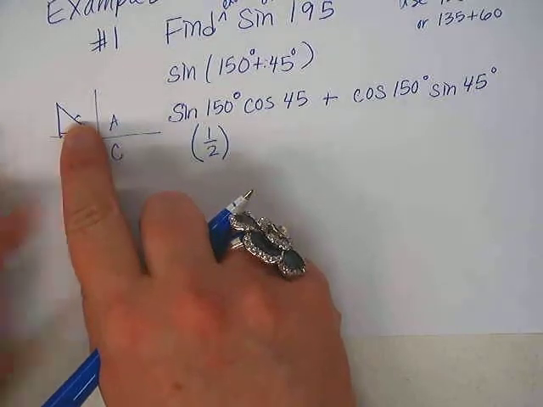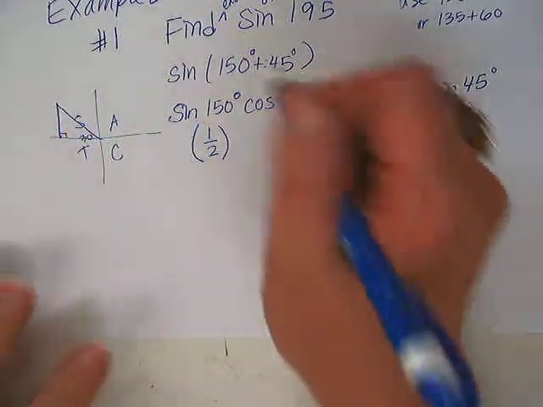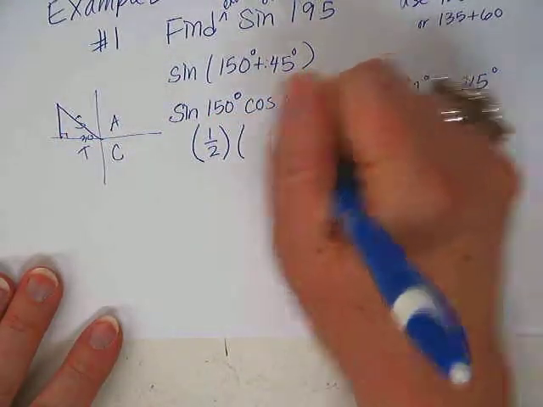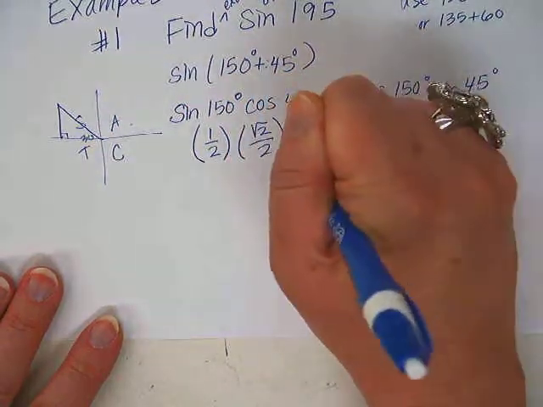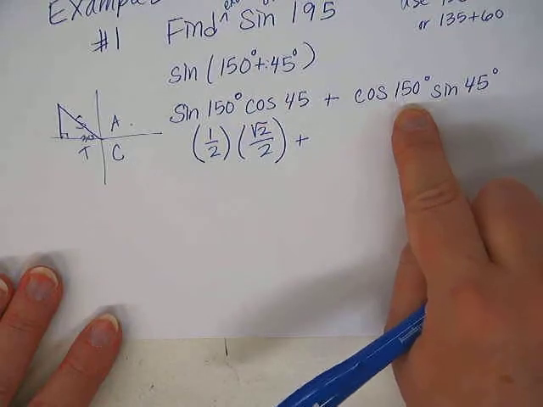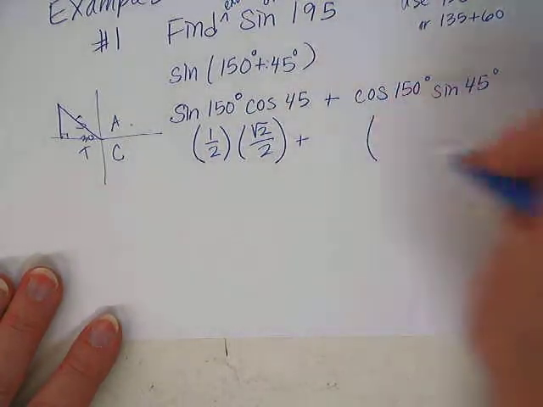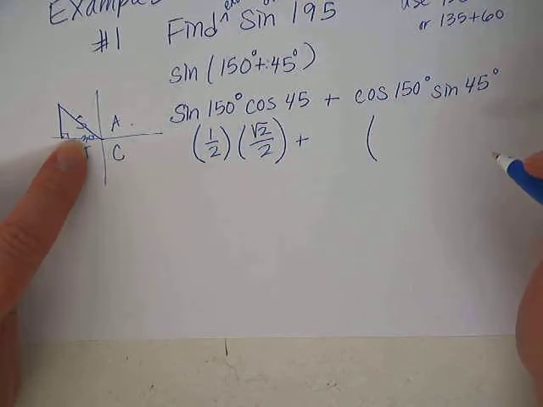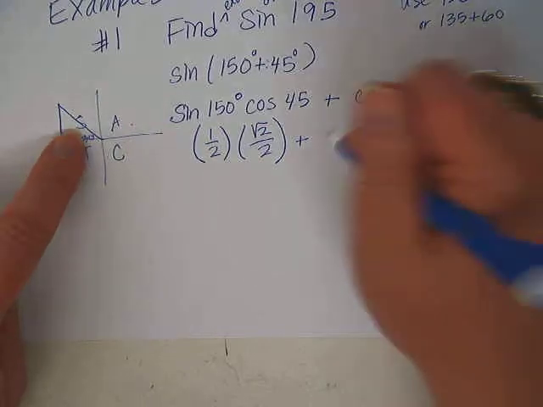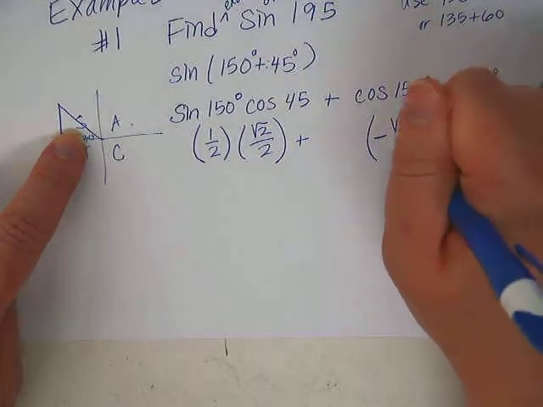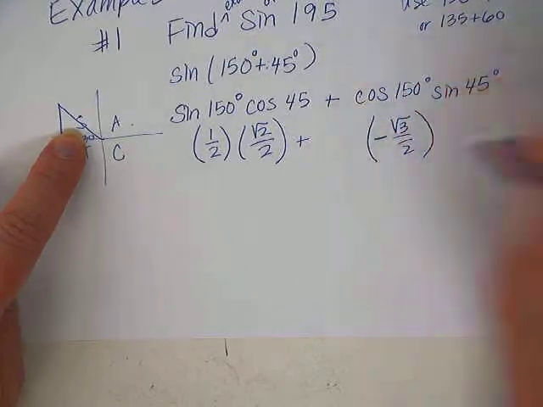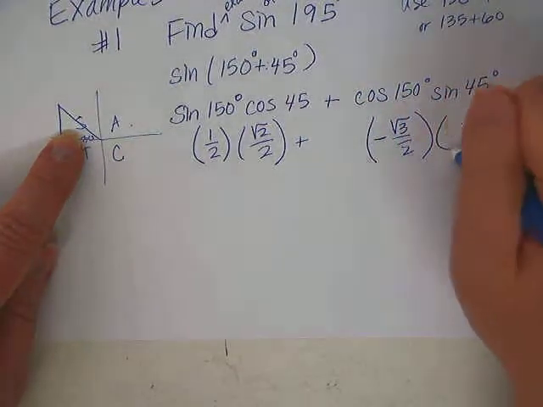And it's a positive 1/2 because sine is positive in the second quadrant. Cosine of 45 is first quadrant, so it's positive, square root of 2 over 2. Cosine of 150 is the cosine of 30-degree reference angle, but in quadrant 2, which means it has to be a negative. So negative square root of 3 over 2, I believe.